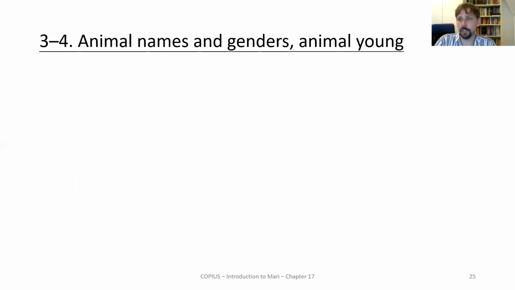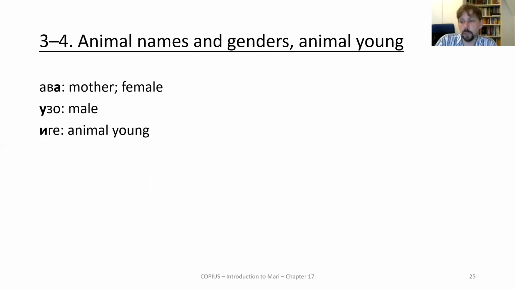Animal names, animal genders, animal young that we'll have a look at. The word awa, mother, is also used in Mari to mean female for an animal. The word acha, father, is not. So there's a distinction here. For the male side of things, we have an own word uzo, which means male for animals. And then we have the word ige for an animal young.